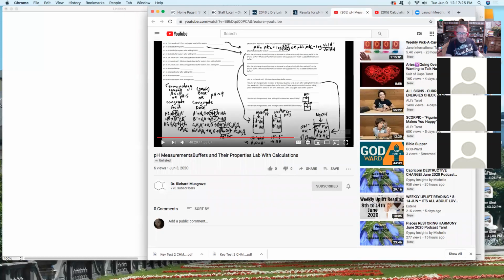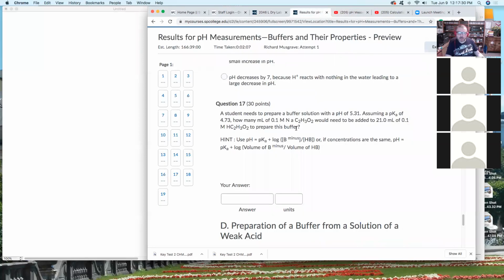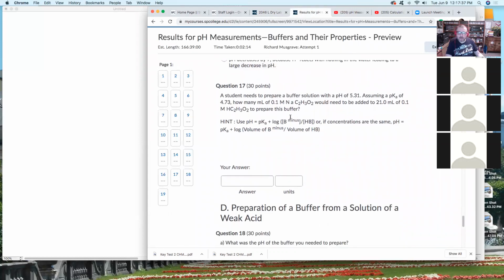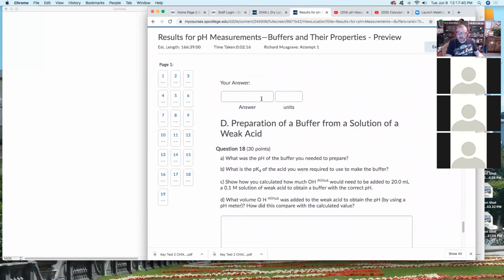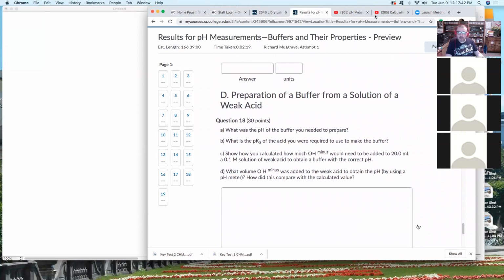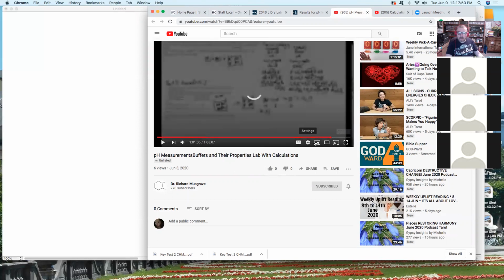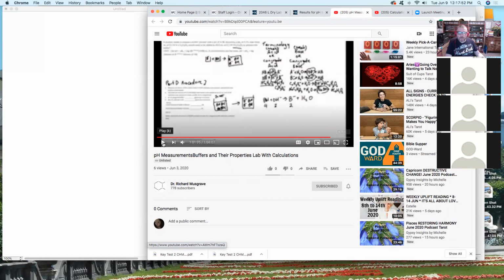So this method here refers to question 17. You might want to mark that down: this refers to part C, and the calculation is explained in part C, whereas part D is where I go into another method of making a buffer, where we add OH minus straight into the AH solution.